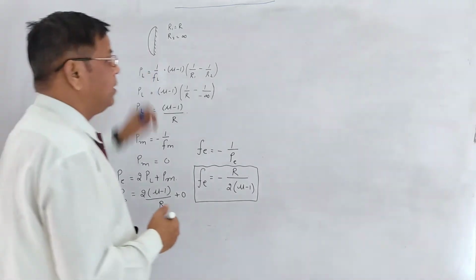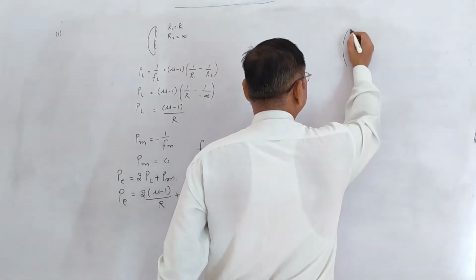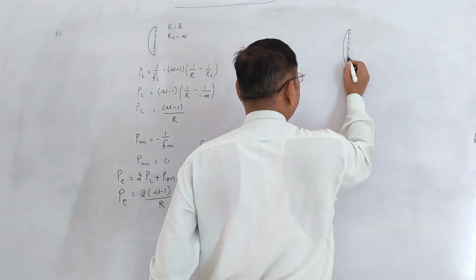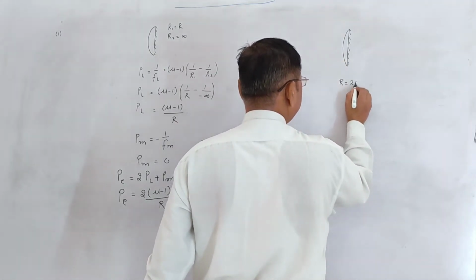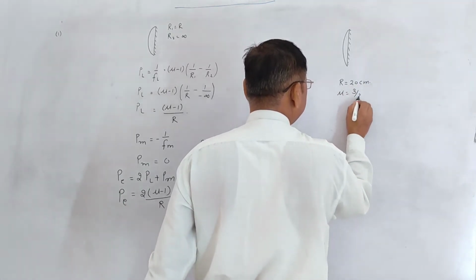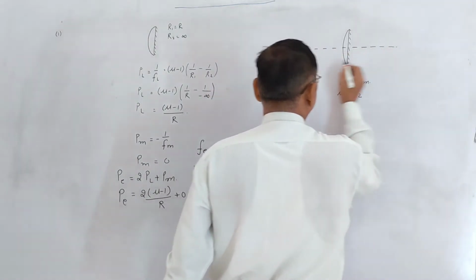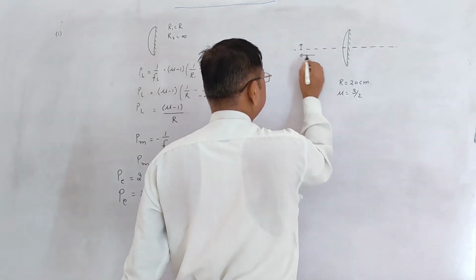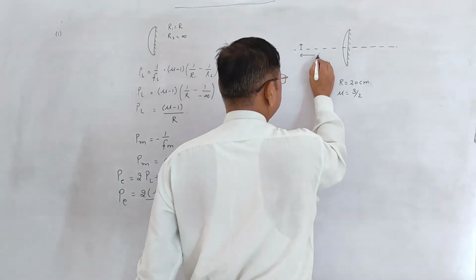Now if this is my silvered lens, and suppose it is given R is 20 centimeter, mu is 3/2, and it is also given that an object is kept in front of this mirror, which behaves like a mirror, at 30 centimeter.